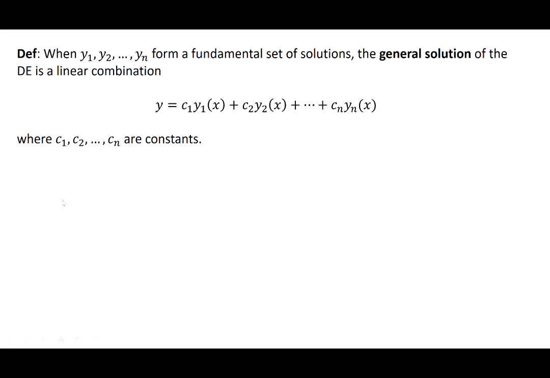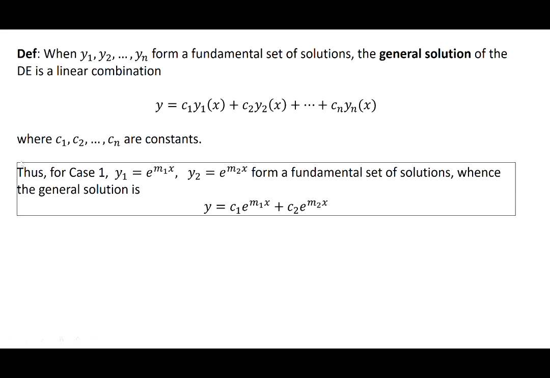So we are usually interested in both the fundamental set as well as the general solution. When we found e to the m1x and e to the m2x as two solutions, they formed a fundamental set. From that, we can write the general solution as y equals c1 e to the m1x plus c2 e to the m2x.